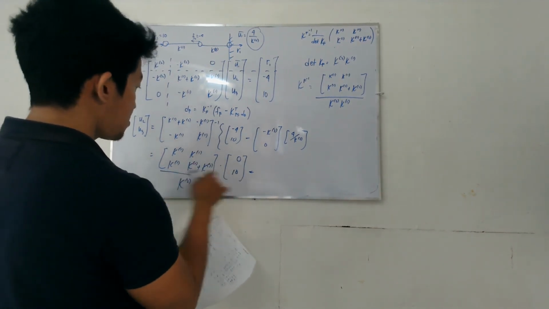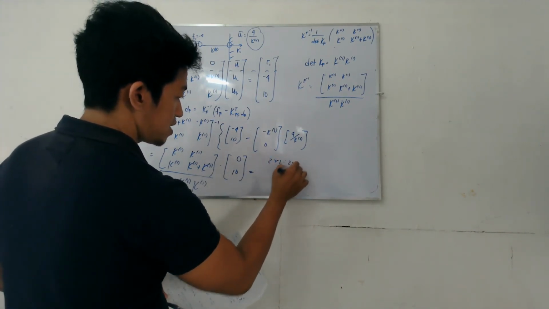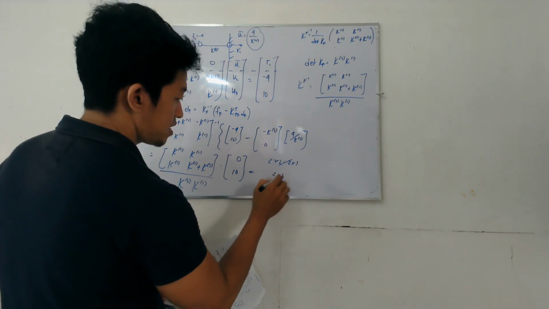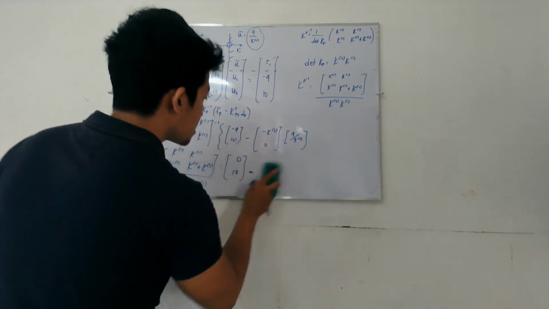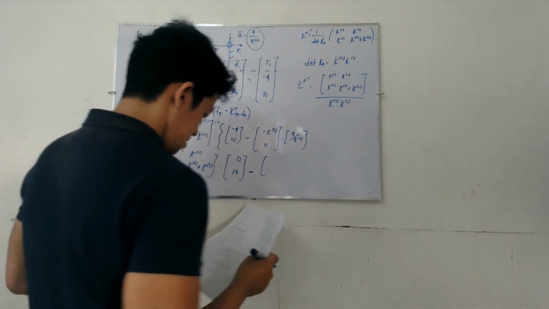Kani multiply na nimo ang 2 by 2 times 2 by 1. 2 by 1 ang answer. Okay. 2 by 1.